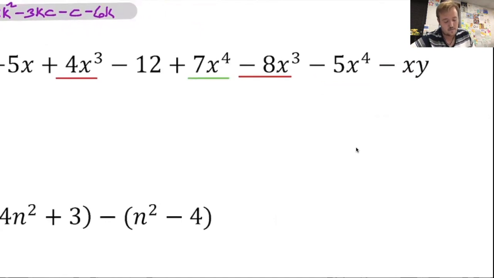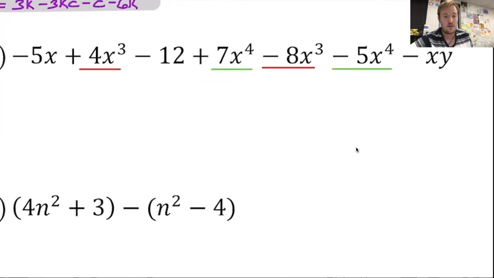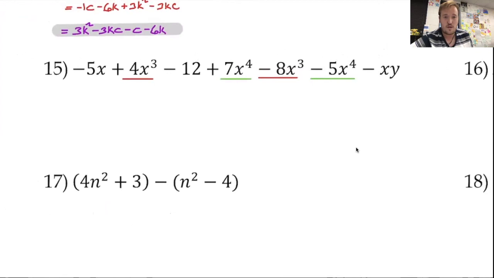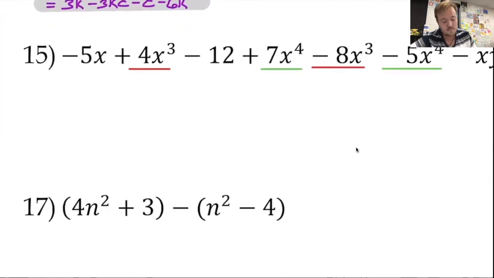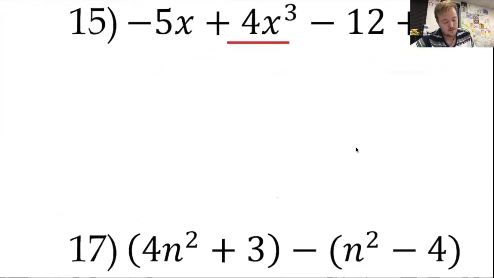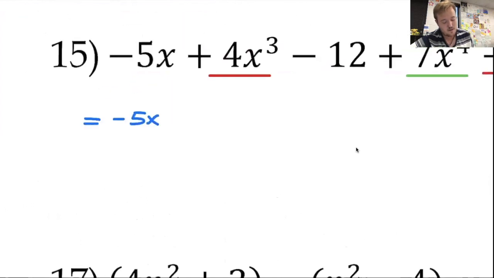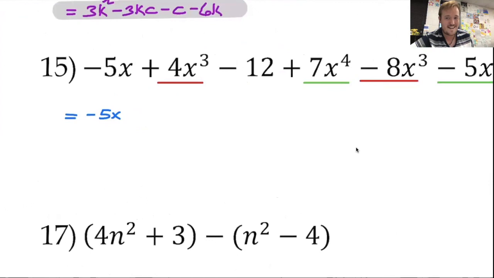Then we have 7x to the 4th and negative 5x to the fourth. Those can be combined as well. So we don't have any other xy's, so we just combine what we have and rewrite it in descending order. So I'm going to combine first, so just negative 5x. So 4x cubed minus 8x cubed.